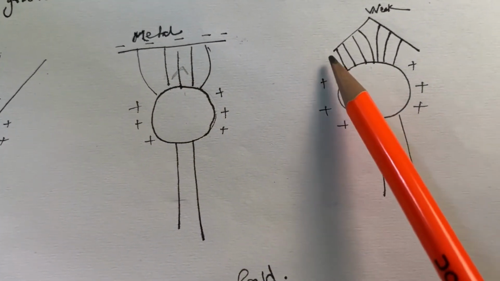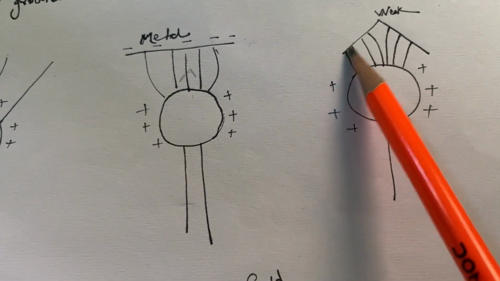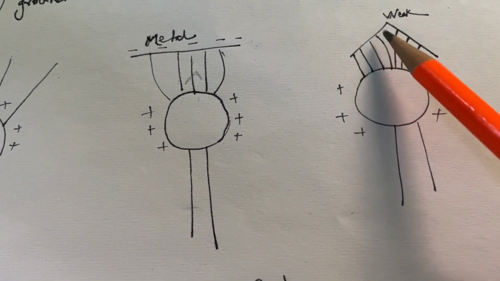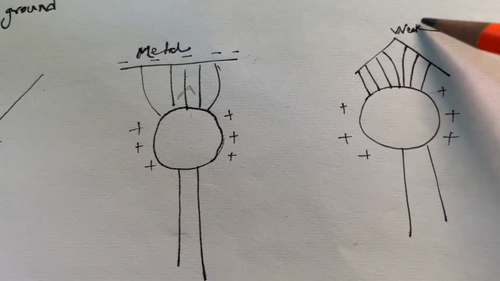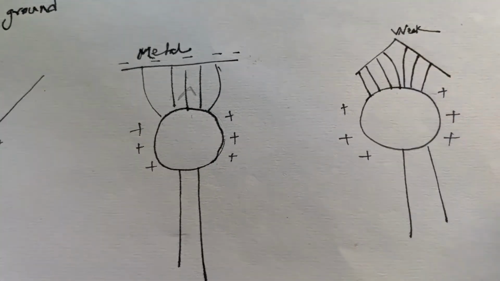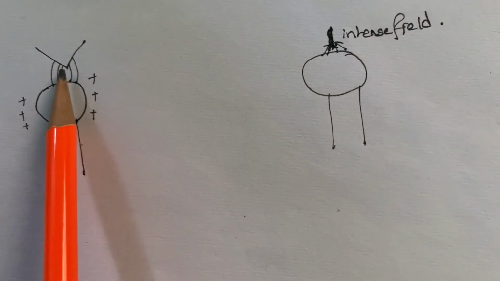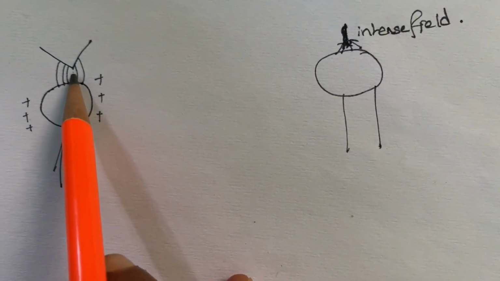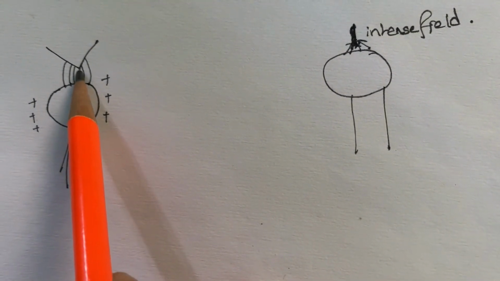Field lines will be like that, going from positive to the negative. But if I place a metal plate which has the shape of this kink, then the electric field lines will be curved when this kink is approached. So here at this kink, the intensity of the electric field is quite weak, but if it is inverted like this, the electric field is very much intense at the kink. I should have drawn lots of electric field lines here, but then I would not be able to show you the inverted kink.